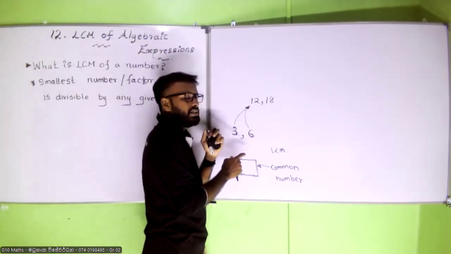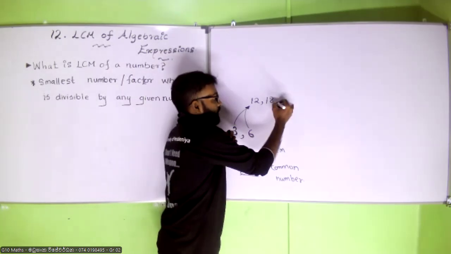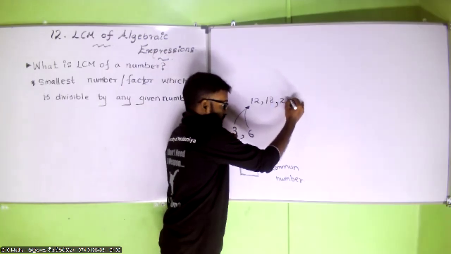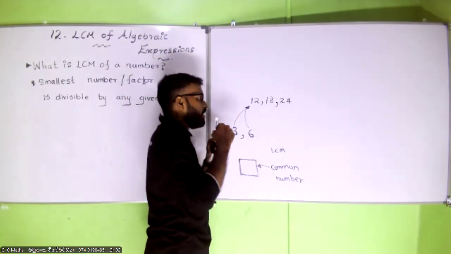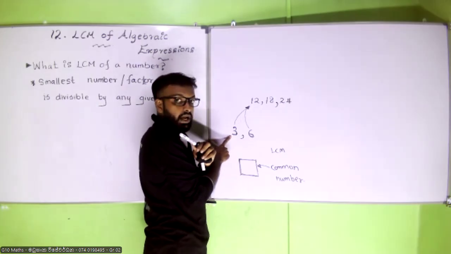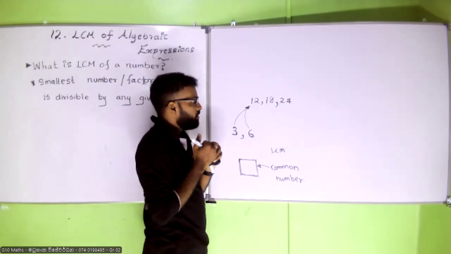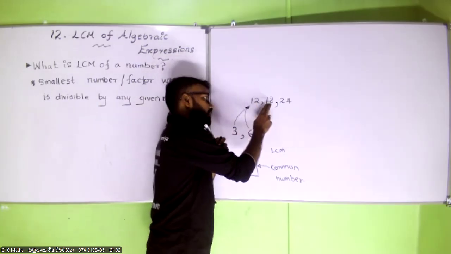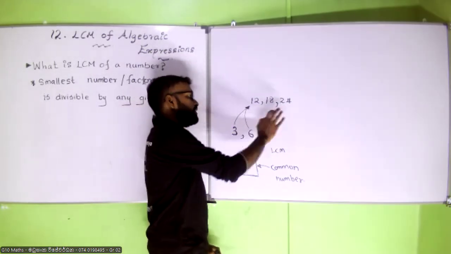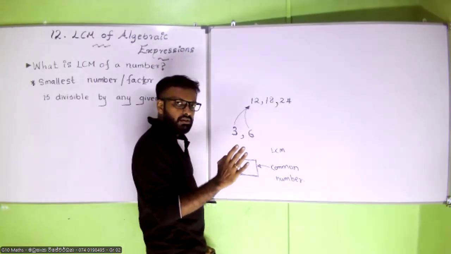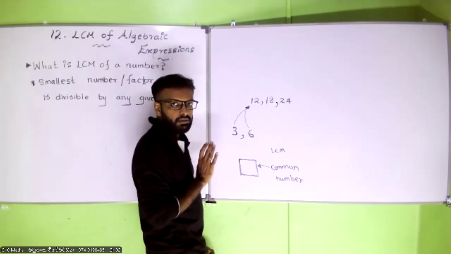Then 24 also can be divided by 3 and by 6. So 12, 18, 24, all three numbers, we can divide by 3 and 6 without any remainder.